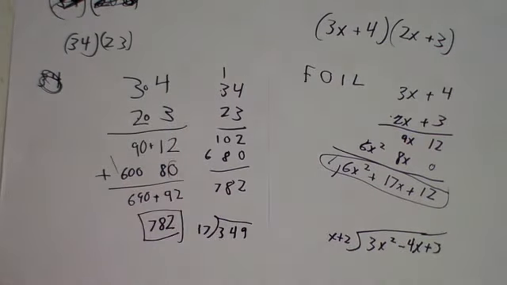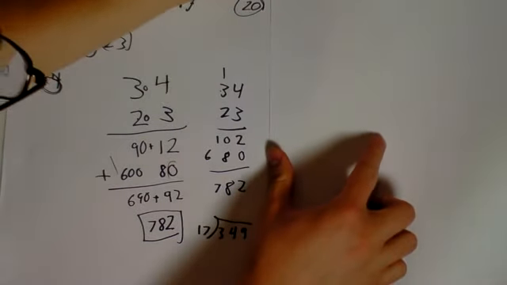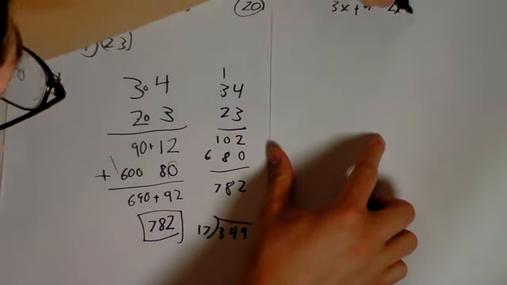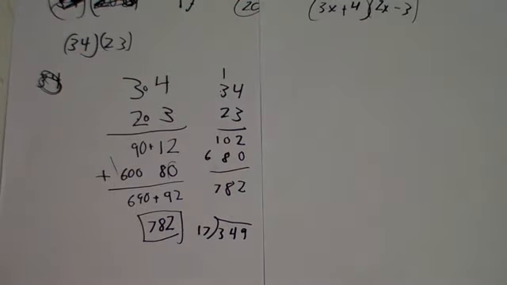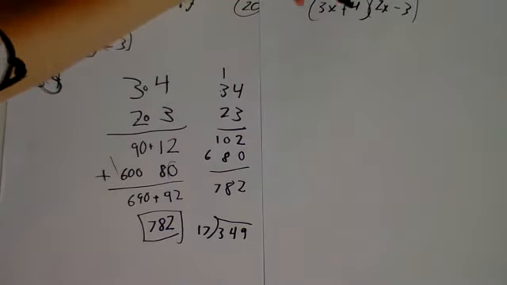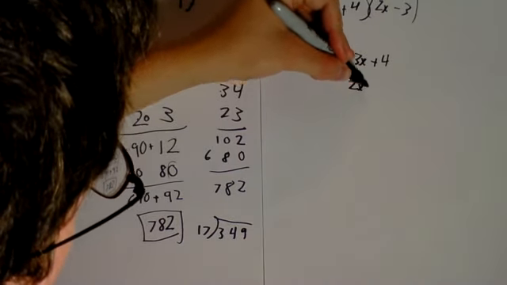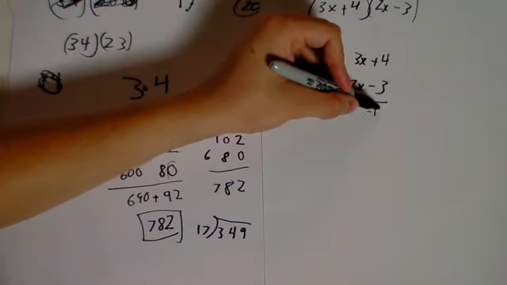Now let me show you one of the reasons why this is so cool. This is helpful because we can use negative numbers just as easily as we can use positive numbers. If we have 3x plus 4 times 2x minus 3 instead of plus 3, like I had at the beginning before I decided to change it, we can still multiply these. We get 3x plus 4, 2x minus 3. Negative 3 times 4 is negative 12.